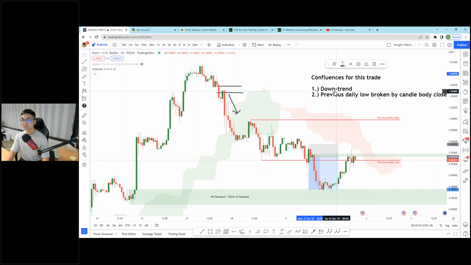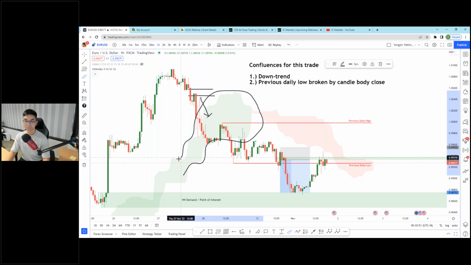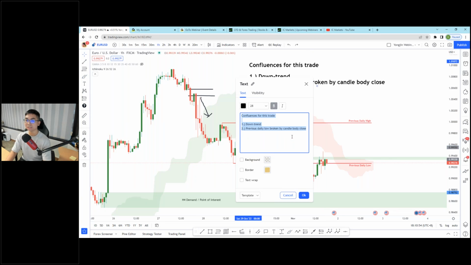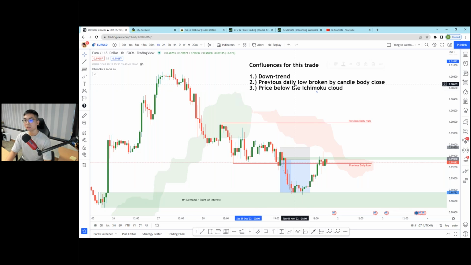After this, we add one more. Price is below the Ichimoku cloud, which indicates that it is a bearish market. We are just adding confluences to the trade. Moving on, we also have the GMMA.